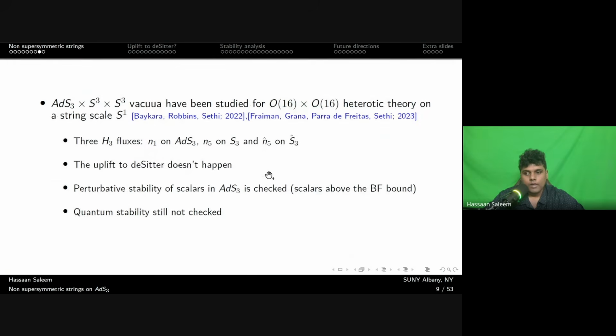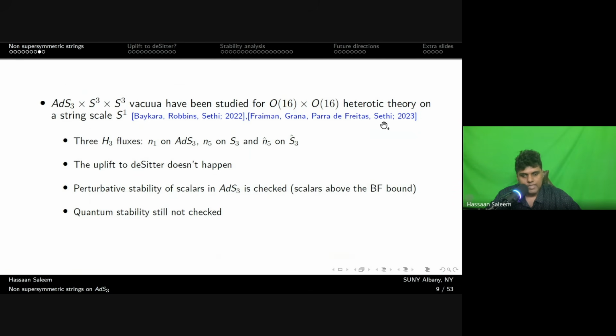Okay. Now there have been some backgrounds that are studied for the O(16)×O(16) theory. For example, in 2022, this study was performed for AdS3 × S3 × S3 backgrounds over S1. By over S1 I mean that you start with the O(16)×O(16) theory on a string-scale S1, and the rest of the 9 dimensions make this background.